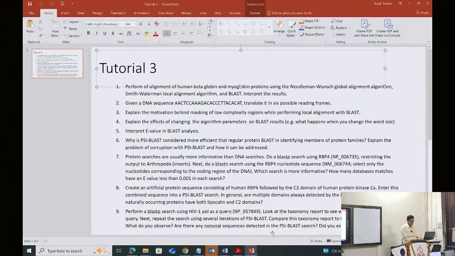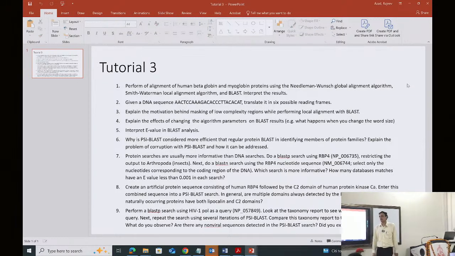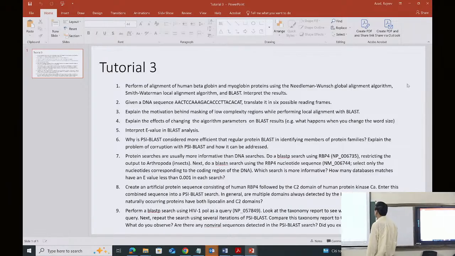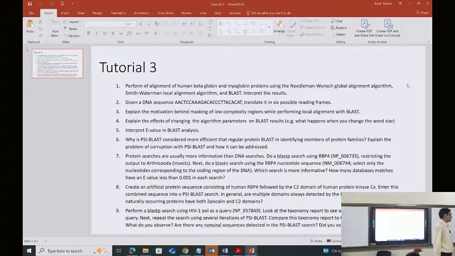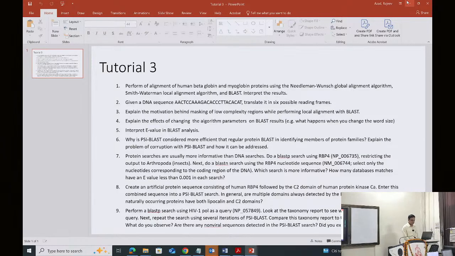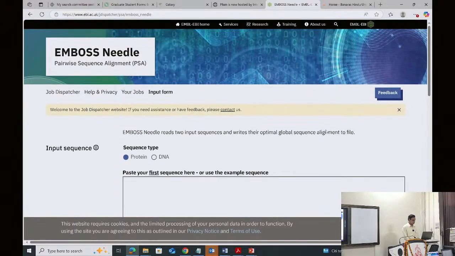So the first problem is to perform alignment of human beta globin and human myoglobin using the Needleman-Wunsch algorithm, Smith-Waterman algorithm, and BLAST. So you will go to the EMBOSS website and look for the Needleman-Wunsch algorithm. Actually, this is called Needle here.